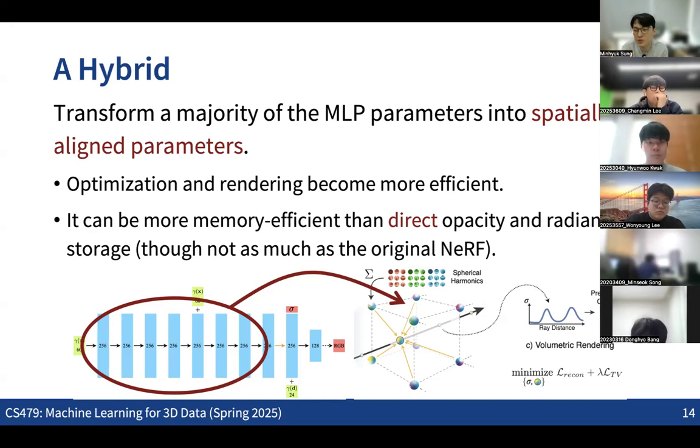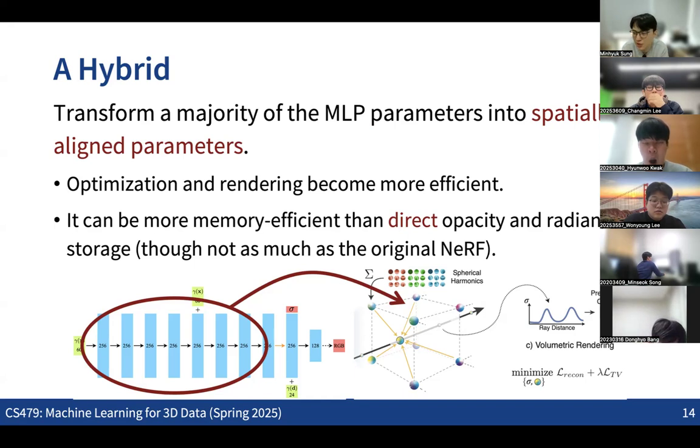But still, we are not directly encoding the opacity and the radiance, but encoding them as latent features, so we can do some compression by decoding that information with very shallow layers.